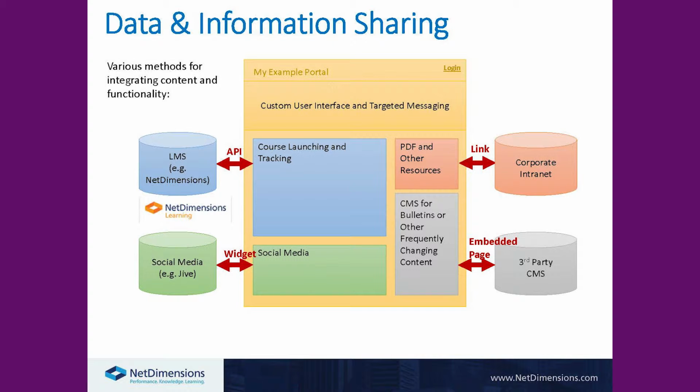For example, registration information, and extracting courses and resources and such. So we do that through APIs. In fact, NetDimensions Talent Suite has a robust list of APIs that let us access quite a bit, if not most of the functionality within the learning management system, and then we can repackage that the way we please within the learning portal. But the beauty of all of this is that we can combine it with other assets, such as the social media component. And how might we get that into our portal?